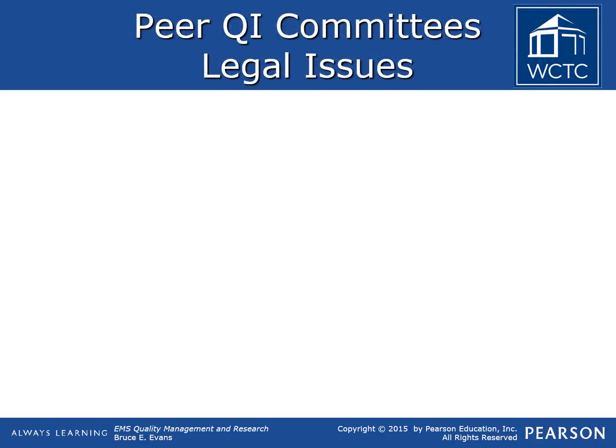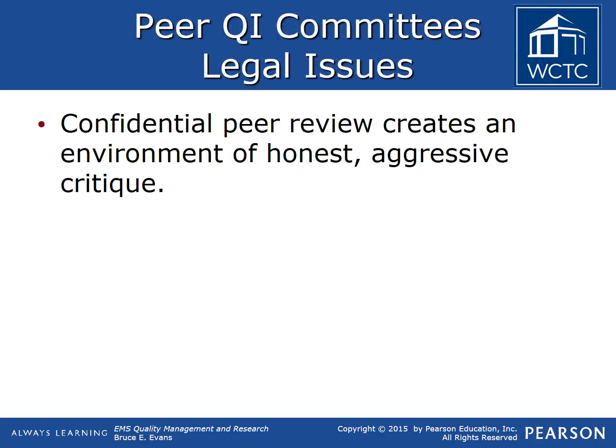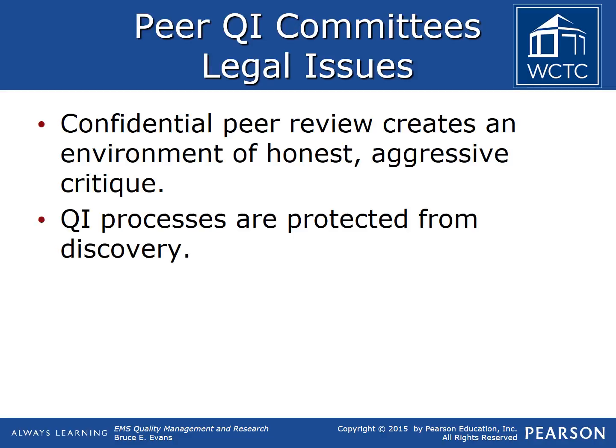As part of a robust quality improvement program, it is not unusual for services and agencies to utilize a peer review process to make the process less threatening to the EMS providers while also ensuring an honest and aggressive critique of the care provided by those within the agency who provide such care themselves. Regardless of whether a quality review process is conducted by a team of managers or peers, the process is still protected as we discussed earlier.